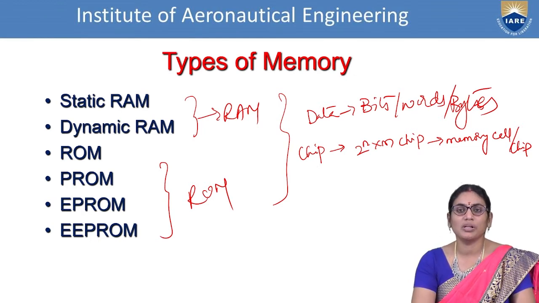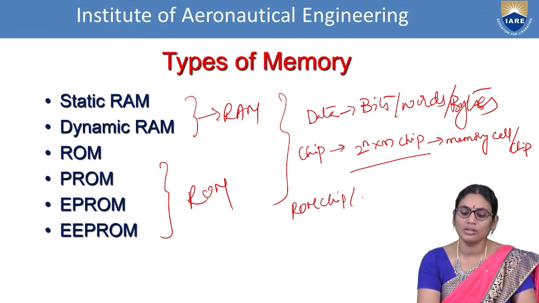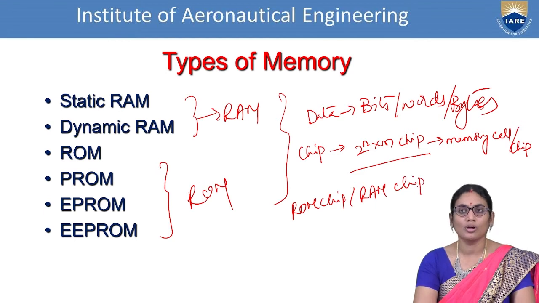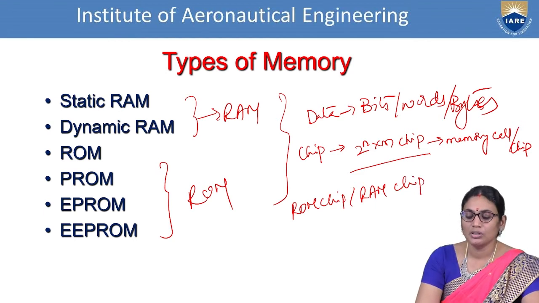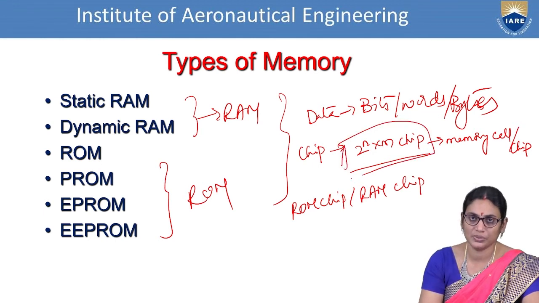Generally, the memory chip will be represented in the form of a 2 power n into m chip representation, and this can be represented using either a ROM chip or a RAM chip. Whatever the intention, it will be defined with the 2 power n into m chip representation.